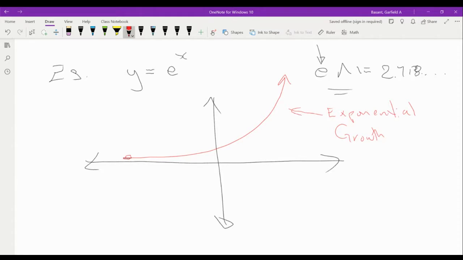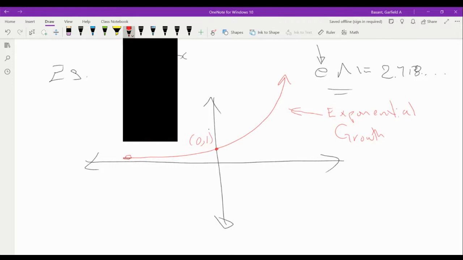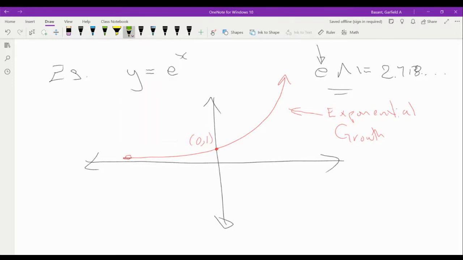And what's our y-intercept on this? This point here. 1, right? So this is (0, 1). Now, Samira, you mentioned exponential decay. So exponential decay is when it goes the opposite direction.